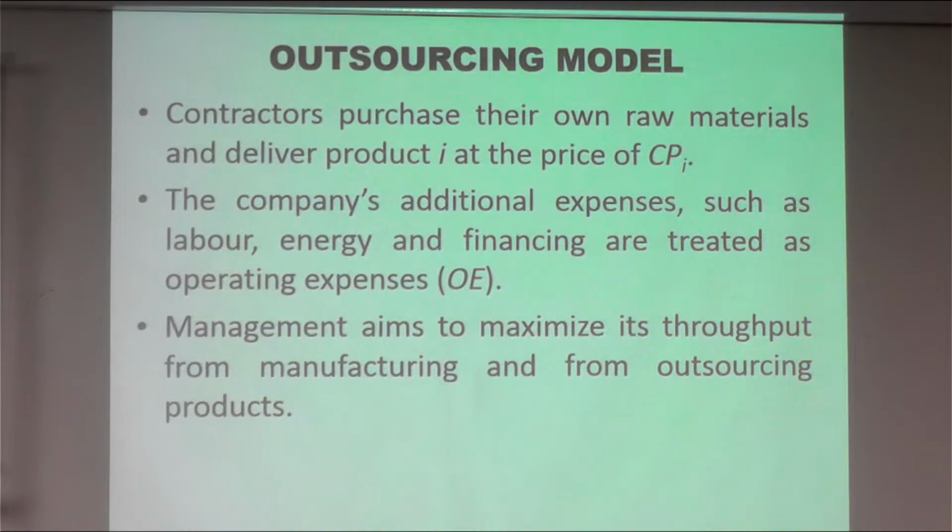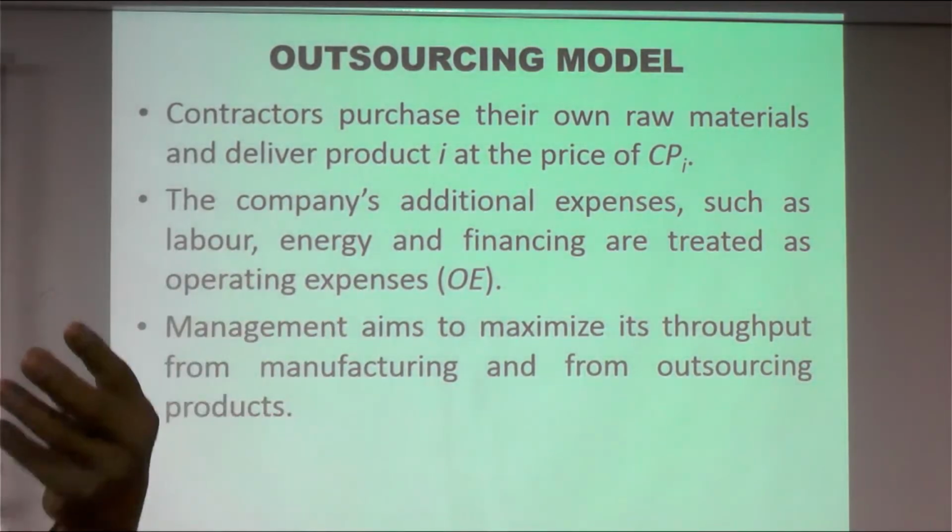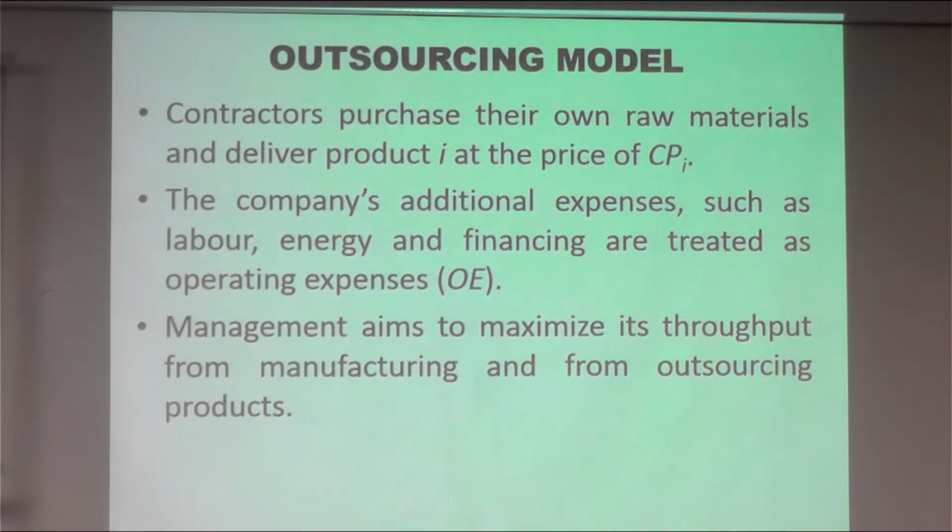Now contractors purchase their own raw material and deliver product i at price CPi. So what is CPi? That is the contractor's price for product i. That means maybe if I produce this, for me it costs 7 rupees. I can sell it at 10 rupees. But if I get it from an outside contractor, the contractor price for this will be 8 rupees.